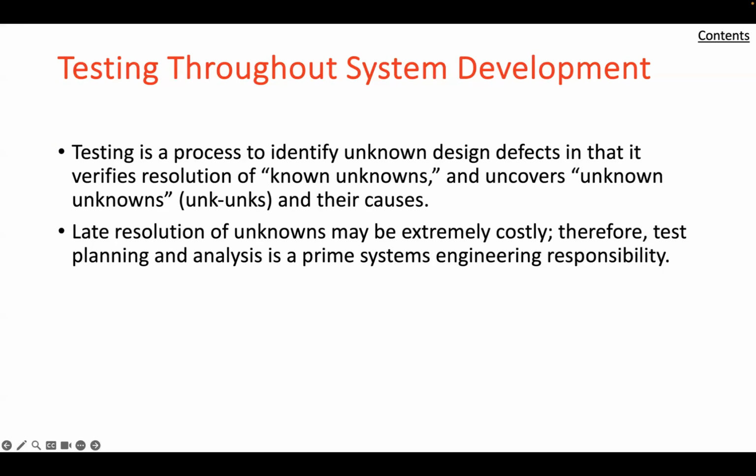Since every unknown poses an uncertainty in the accomplishment of the final objective, it represents a potential risk. In fact, unknowns present the principal risk in any development program. Hence, the task of risk assessment and mitigation is one and the same as that of identifying unknowns and resolving them.